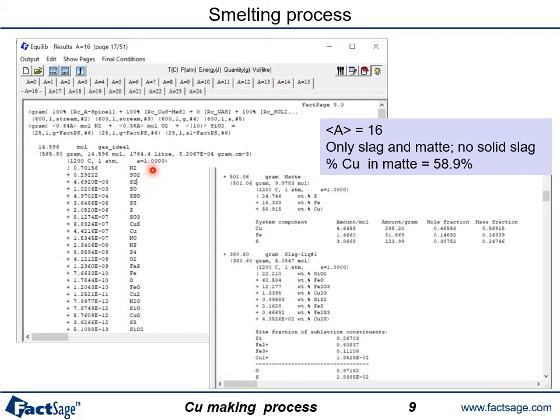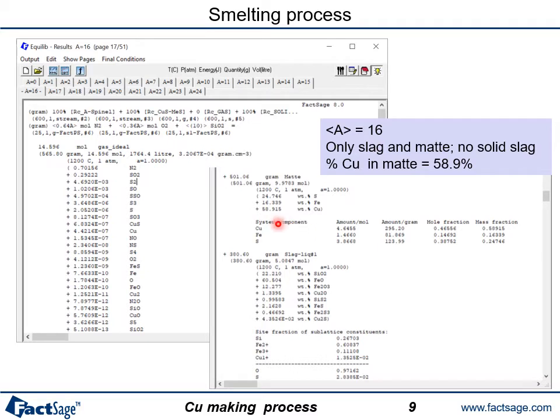Okay. So when alpha equals 16, you can see that there's the gas phase, and the gas is mainly N2 and SO2. SO2 is about 30%, and then you can see the matte, 500 gram of the matte, and about 380 gram of the slag. And if you check all the rest of the species, all the rest of the phases, it's zero amount. So you have only liquid matte and liquid slag being produced when alpha equals 16.